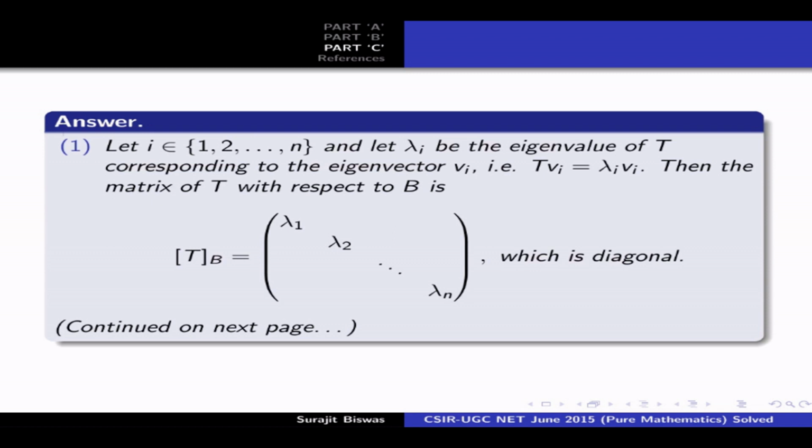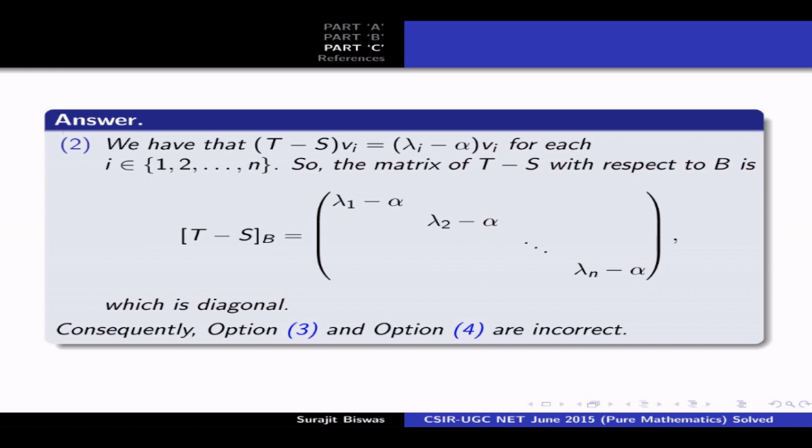For the first one, if you want explicit reasoning, let i belong to 1, 2, up to n, and let lambda_i be the eigenvalue of T corresponding to the eigenvector v_i, that is T v_i equal to lambda_i v_i. Then the matrix of T with respect to B is diagonal with eigenvalue entries lambda_1, lambda_2, up to lambda_n.